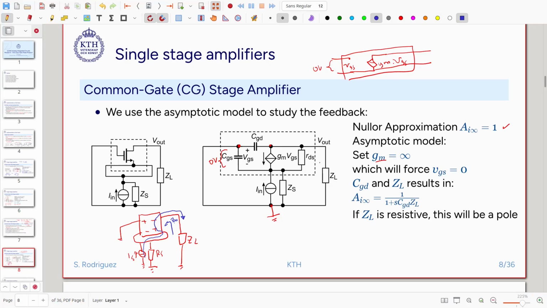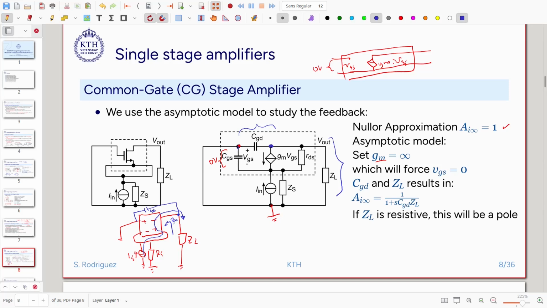Under that condition, we see that this capacitance CGD, that has one terminal grounded, appears in parallel to ZL. We can see this in the following way, so that we have this capacitance CGD, with one terminal grounded and the other connected to the output.